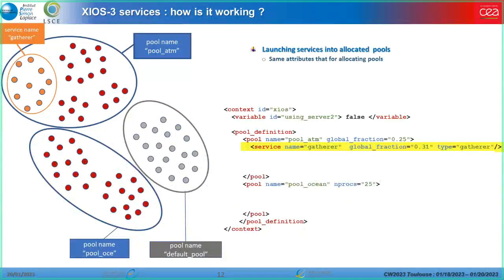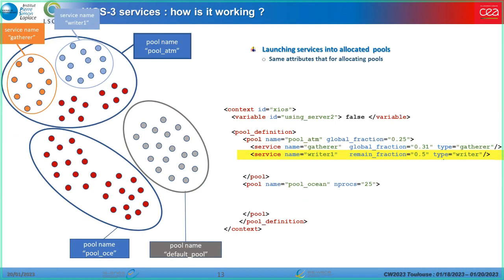So in this pool, you have the possibility to create services. For example, using this syntax, you create the gatherer service in the pool atm, as you can see, on a global fraction of the resources. In this example, we create a writer named writer1 on half of the remaining fraction.